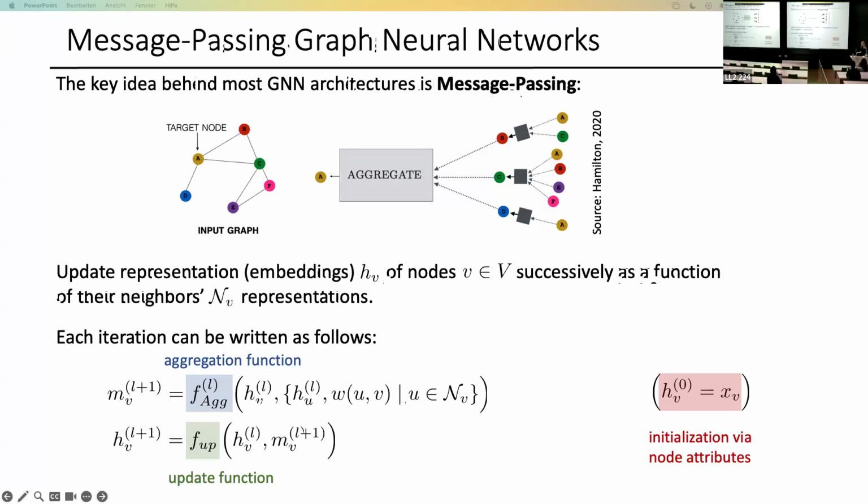Message passing is a very simple iterative procedure, but it turns out to be very powerful for learning with graph structured data. In the message passing graph neural network, each layer consists of an aggregation and an update function.